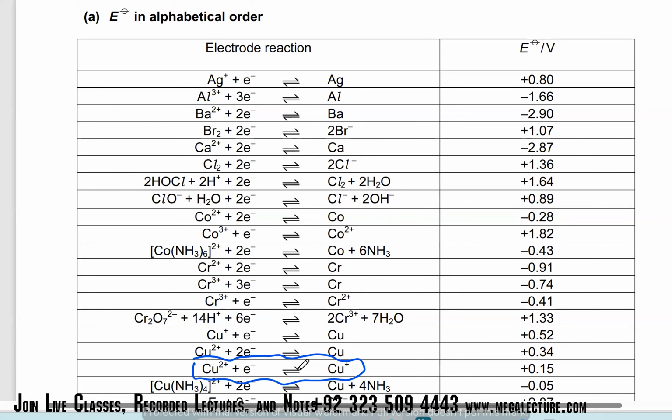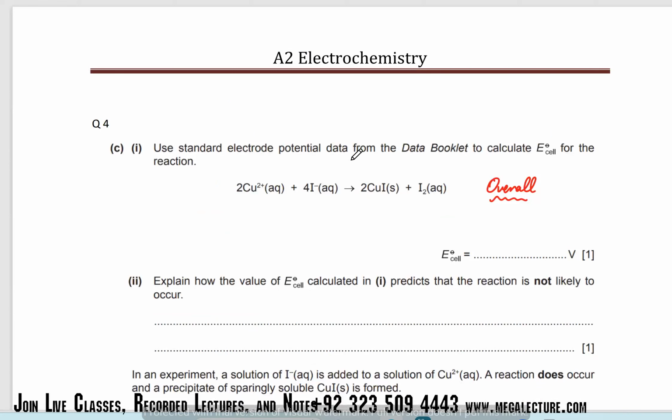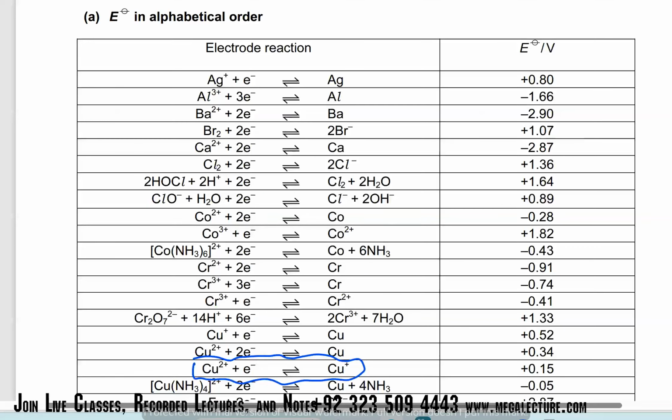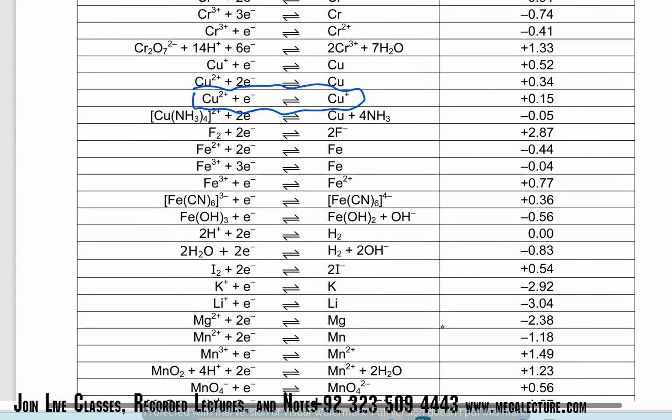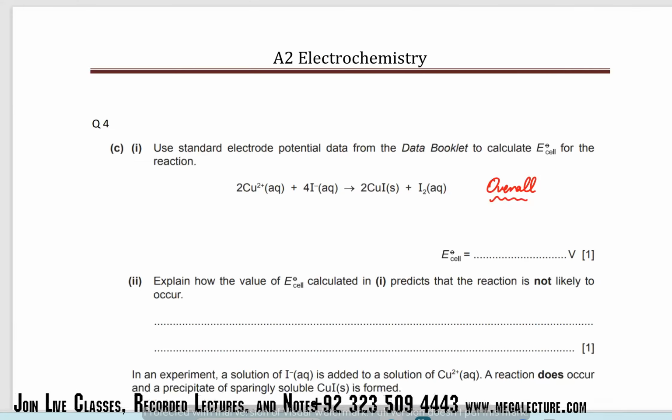ठीक है, that's your electrode. अच्छा, और by looking at it you can also guess कि दूसरा कौन सा, I-1 I2. So that's the other electrode. I-1 and I2. ठीक है, so one of them is 0.15, the other one is what? 0.54. अच्छा, फिर डायरेक्शन भी देख लो, इक्वेशन में क्या है.